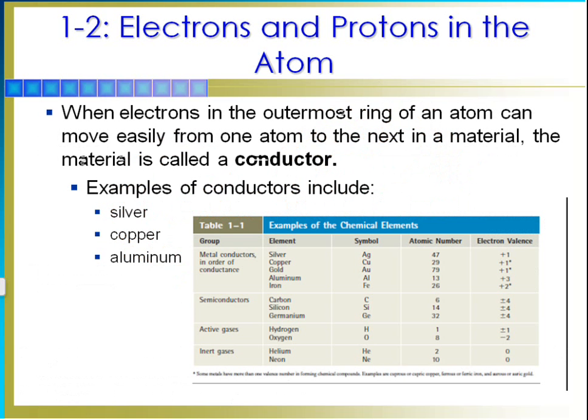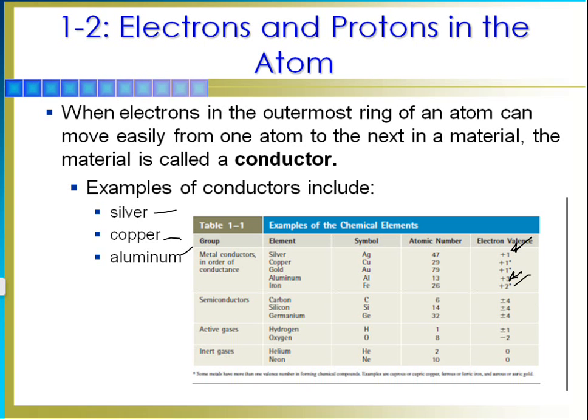Okay, so when you can knock those electrons free, you got a conductor. Good conductors are silver, copper, and aluminum. And if you look at the valence electrons, that outermost ring is known as your valence ring. So if you look at your electron valence, silver is at a 1, copper is a 1, gold is at a 1. Aluminum, not quite as good as the other ones, but it's still a conductor.